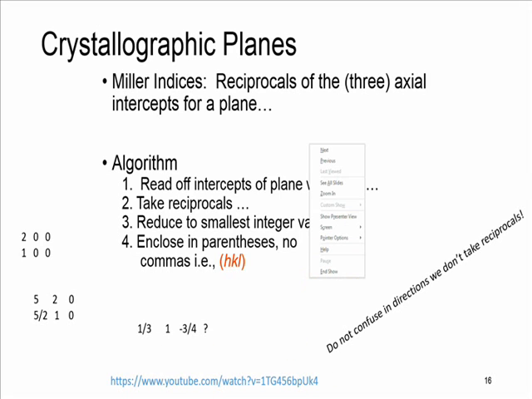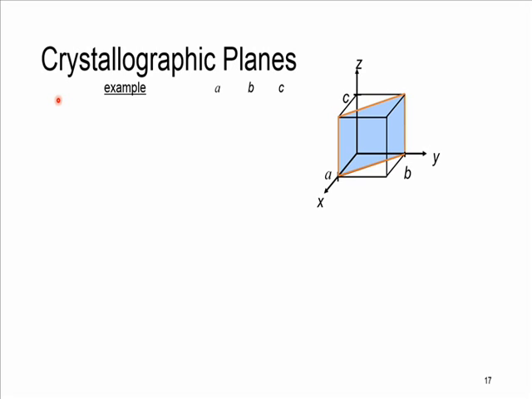Let's look at more examples here. We want to find the crystallographic planes, or the Miller indices, for this blue plane shown here in the cubic unit cell. The first thing is to find the intersection of this plane with X, Y, and Z. As you can see, it intersects X at point a, or 1, Y at point b, or again 1 in terms of b, and it's parallel with the Z axis, which is infinity.